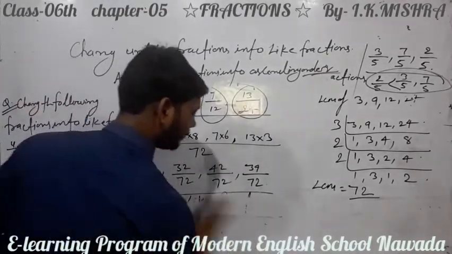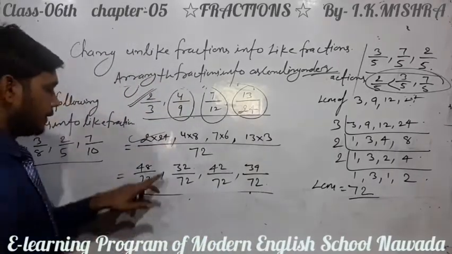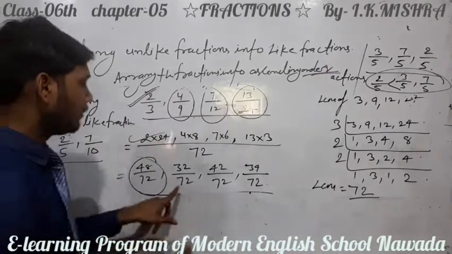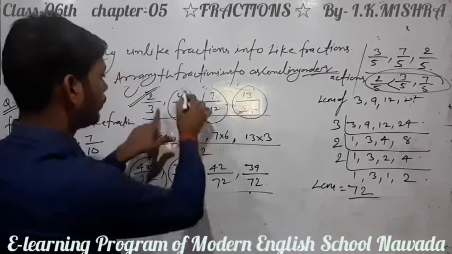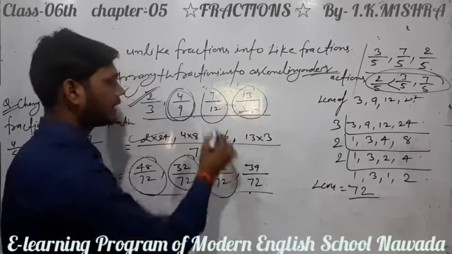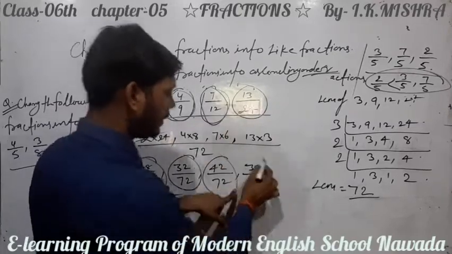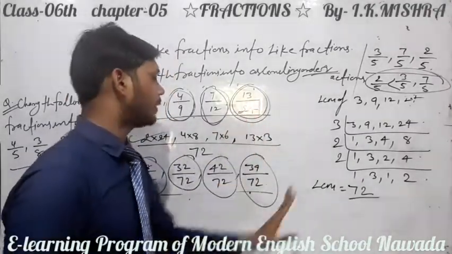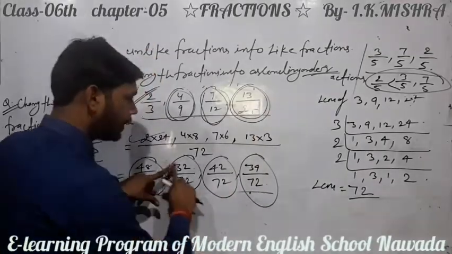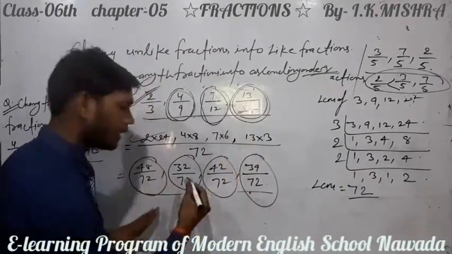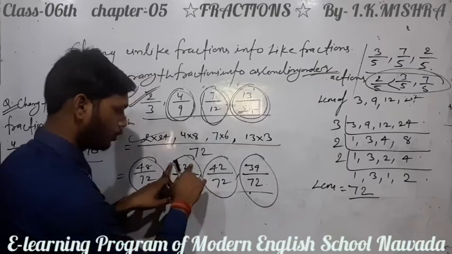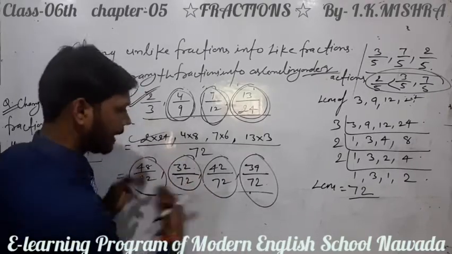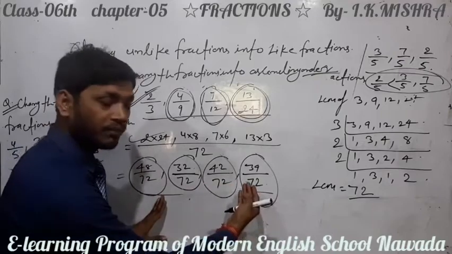After that students, this fraction is written for 2 by 3, this fraction is written for 4 by 9, this fraction is written for 7 by 12, and this fraction is written for 13 by 24. So students, observe which numerator is the smallest. Here the smallest numerator is in 32 by 72. Here all of these have the same denominator 72.